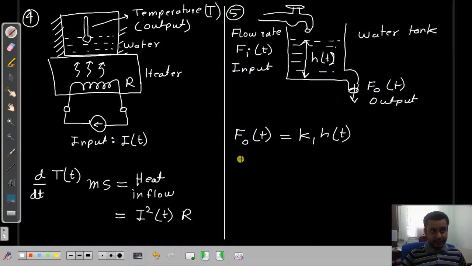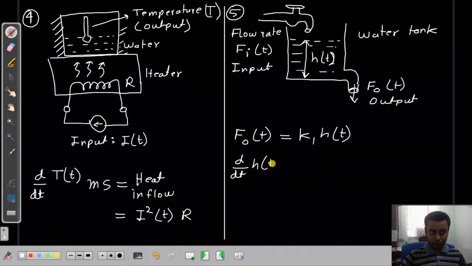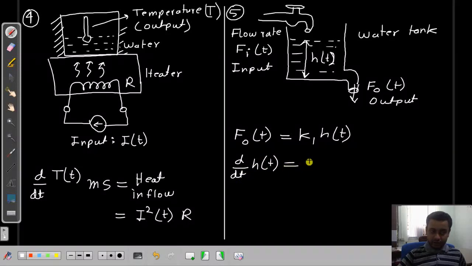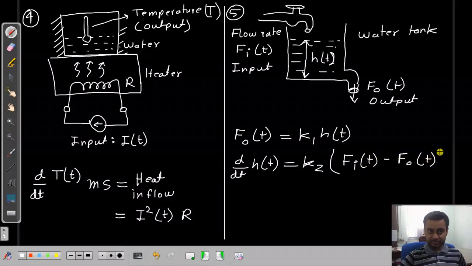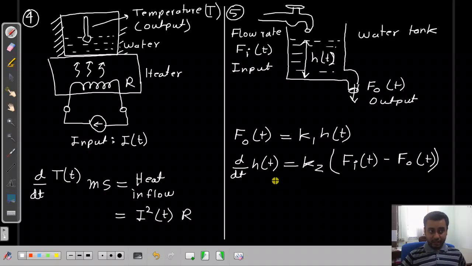We can say that the rate of change of the height of the water is some constant K2 times the flow rate inward minus the flow rate outward. Now we can combine these two equations.